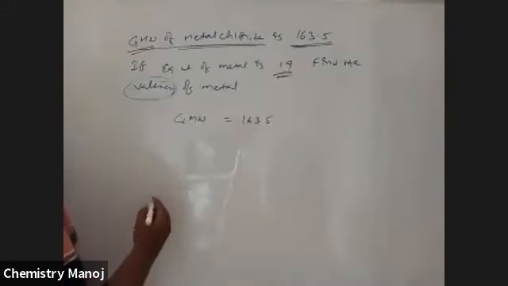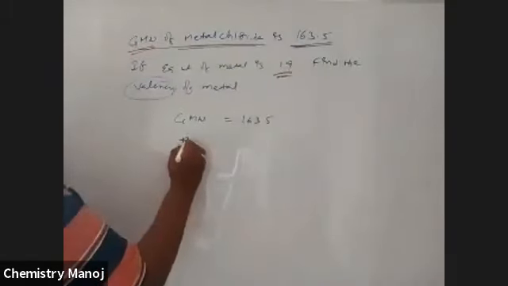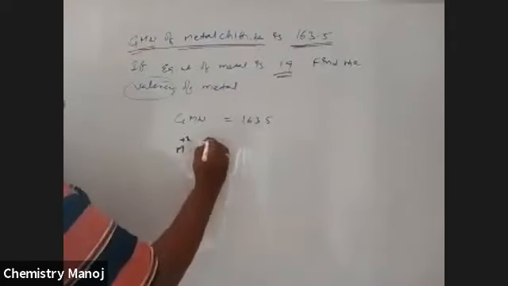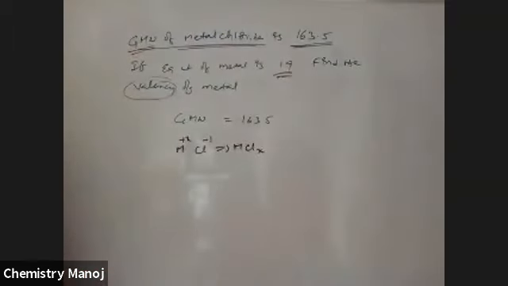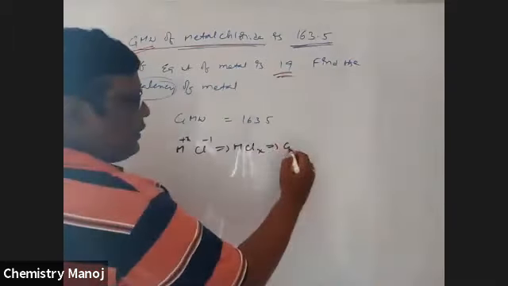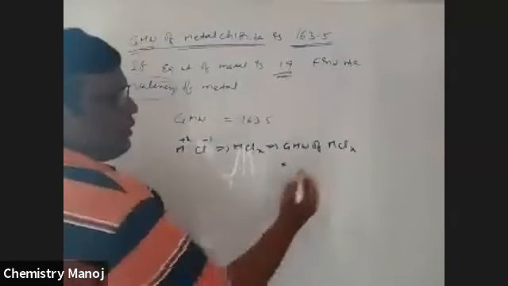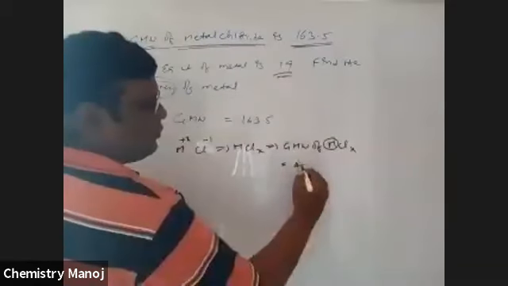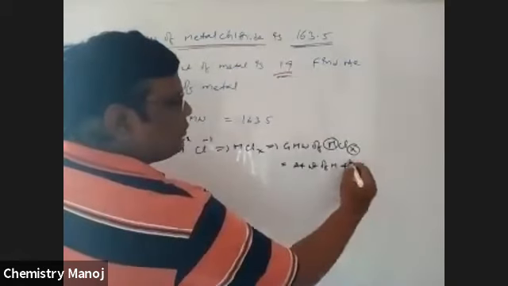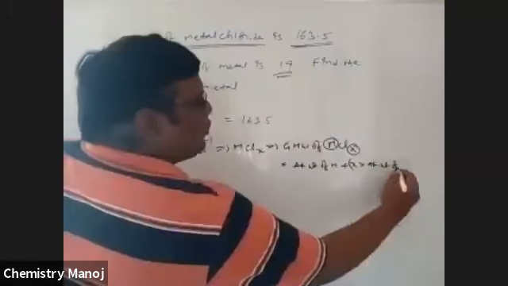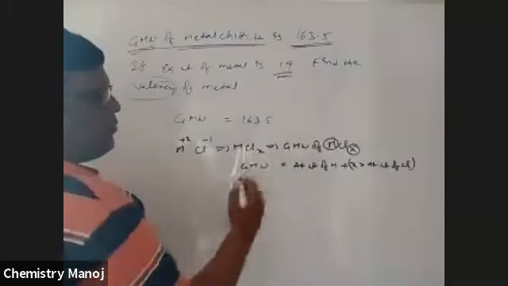We don't know the oxidation state, therefore M has oxidation state x, chlorine oxidation state -1. Now the formula is MClx. That implies gram molecular weight of MClx is equal to atomic weight of metal plus x into atomic weight of chlorine, which is equal to gram molecular weight of MClx.